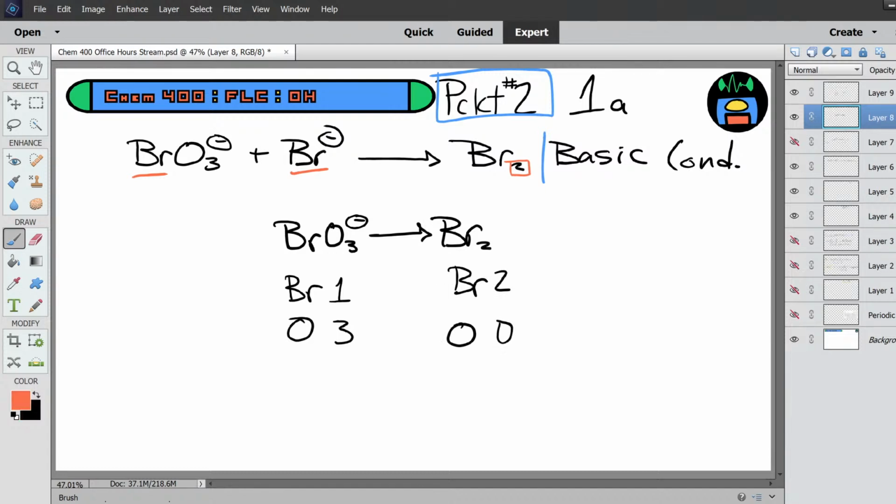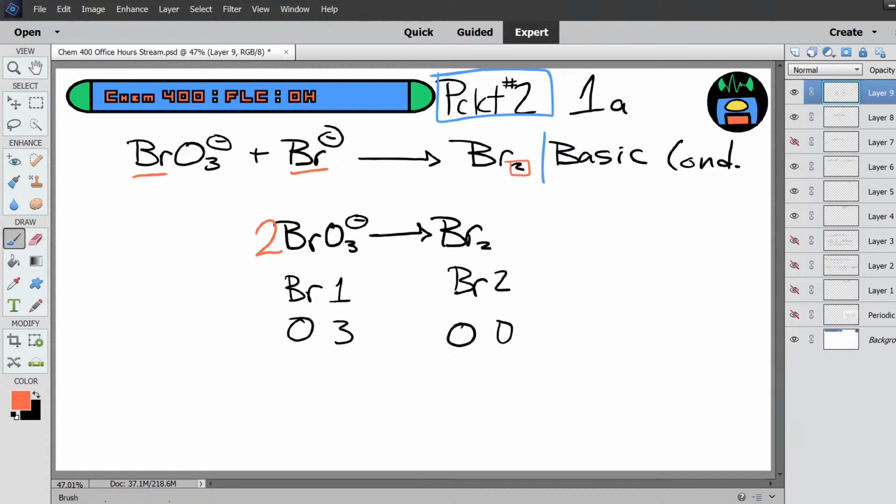So first things first, we've got to balance our bromine. So we multiply bromate by 2. This balances our bromine, but increases oxygen, right?